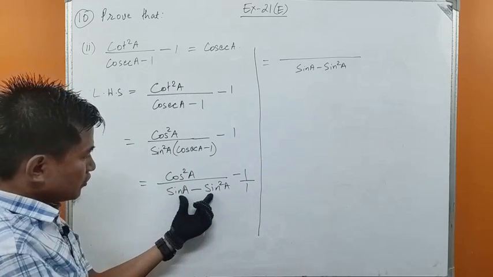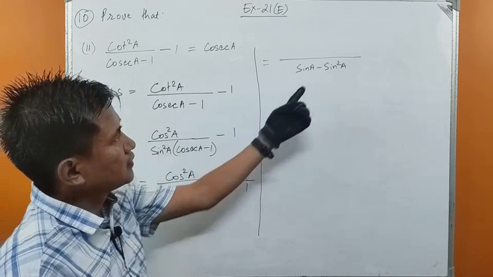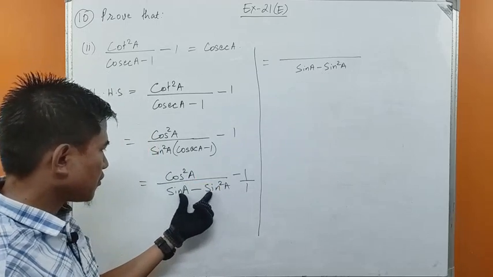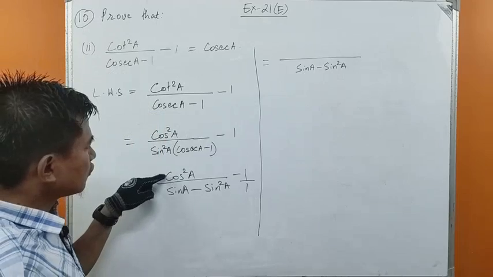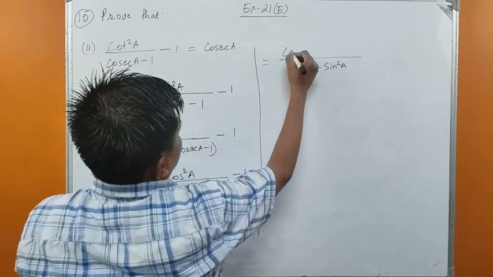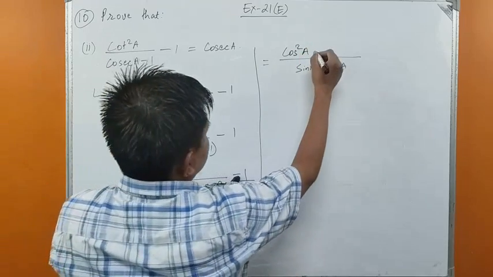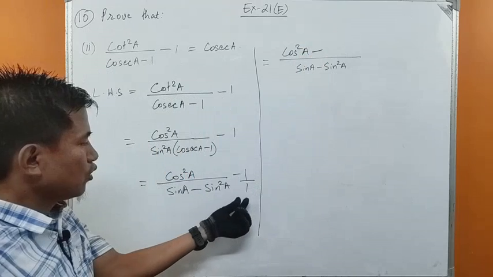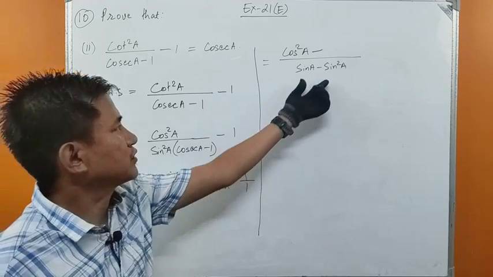Now this number sin A minus sin square A, 1s are this, isn't it? This number when multiplied with 1 gives us this number. So 1 into cos square A is cos square A. Now this minus sign comes here. So 1 into sin A minus sin square A gives us this number.